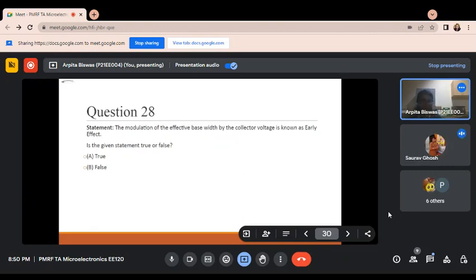Yes, ma'am. In the active mode of operation in a BJT, the collector base junction is kept in reverse bias and the emitter base junction is kept in forward bias. When we apply a reverse bias to any PN junction, the depletion layer will increase. The depletion layer becomes wider during reverse bias, and in forward bias it becomes thinner. So if we keep increasing the reverse bias in the collector base junction, the depletion region at the collector base junction will also increase.